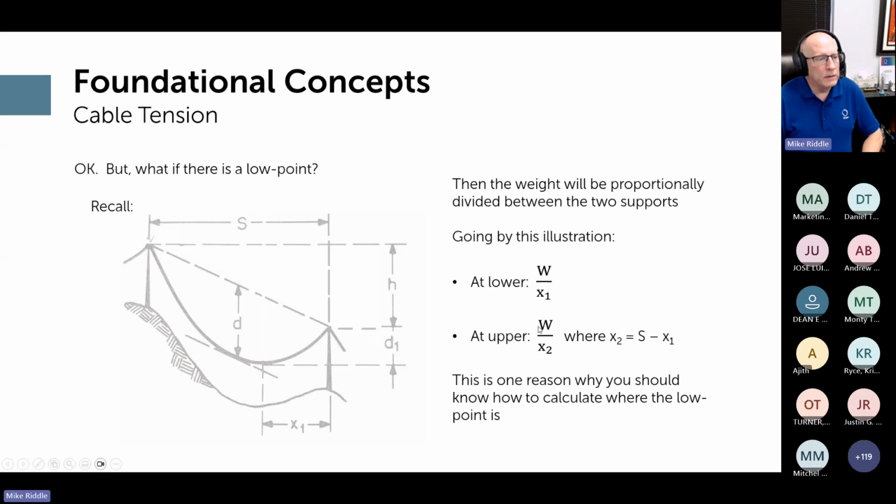And at the upper, once you know this, you also know this distance from the structure that's higher to the low point. And this becomes a reason why you should know how to calculate where the low point is so that you can determine how much weight is at each structure.